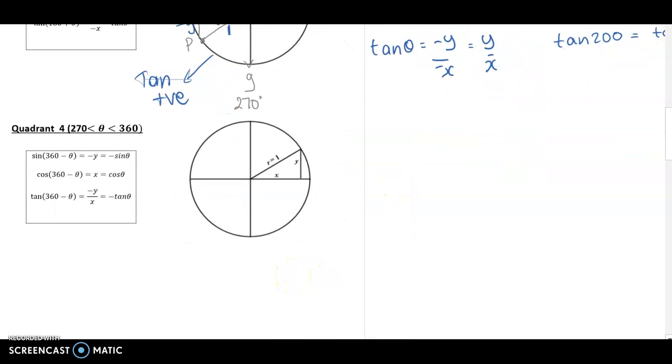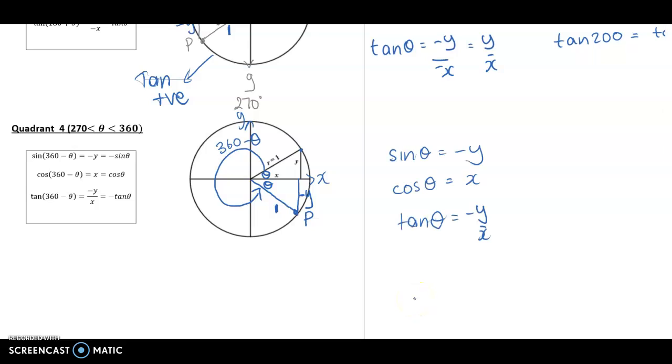Similar idea as before. So now I'm thinking of my original point P and triangle being reflected around the x-axis from the first quadrant into the fourth quadrant. And although I have moved a whole distance of 360 minus theta, I'm going to look for the rules that I can use so that my calculations just deal with theta.